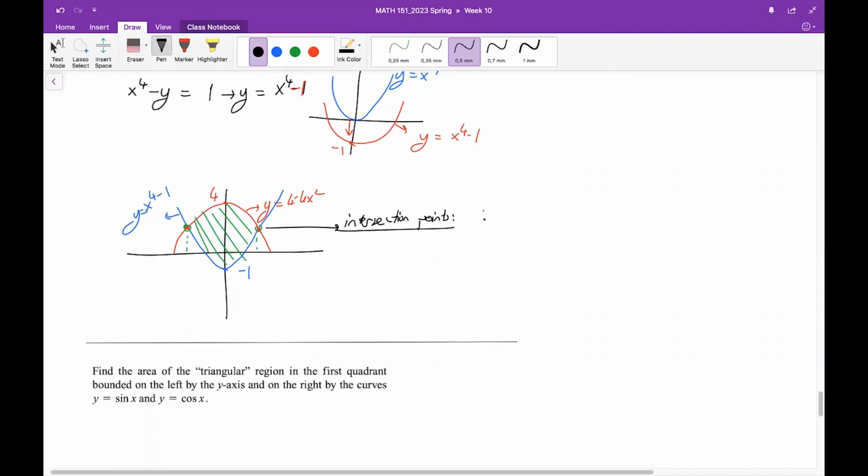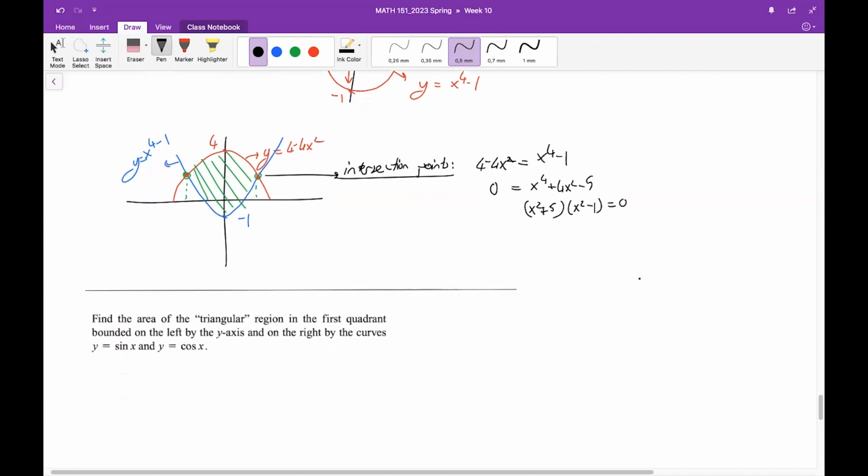So how do we solve the intersection points? As usual, we will solve the equations together. X to the power 4 minus 1 equals 4 minus 4x squared. Let's take everything to the right-hand side. 4x squared minus 5, and this can be decomposed into its components, right? X squared plus 5 and x squared minus 1.